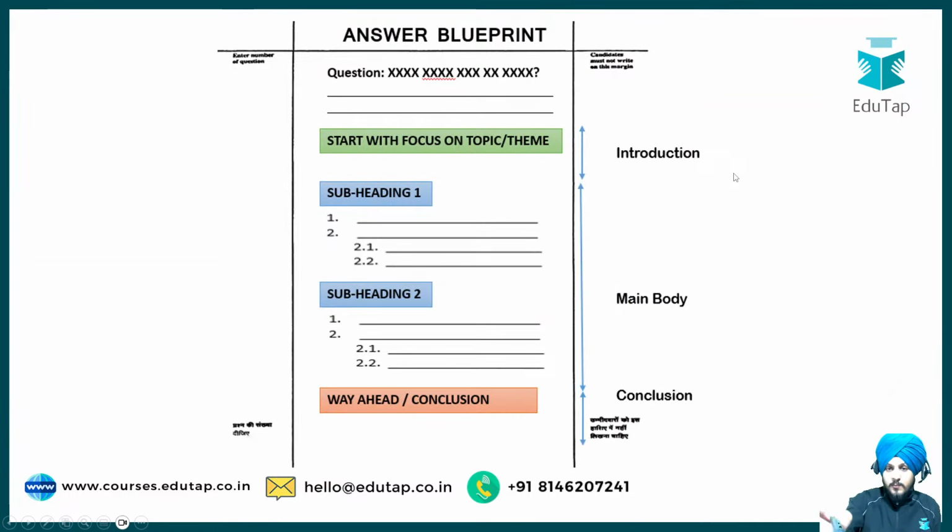So this is the answer blueprint that you have to follow while writing your answer in the comment box, and also in your examination. You will divide your answer into introduction, the body, and the conclusion. The introduction should be around 10 to 12% of the total content, and the same applies to the conclusion also.